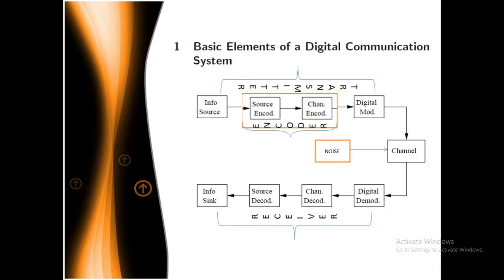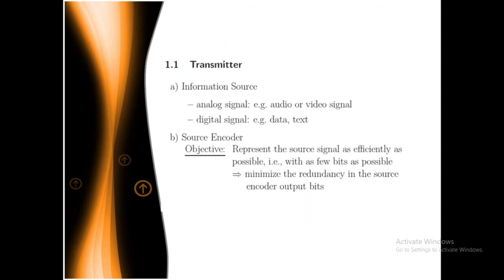Next it goes to the channel, and from the channel it is received at the receiver. Again the reverse process happens: digital demodulation, channel decoding, source decoding, and info sink, which is nothing but our user destination of the message signal. These are the complete blocks. Now we will see each block separately.